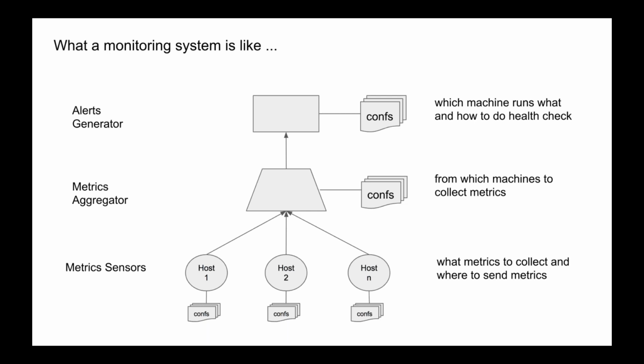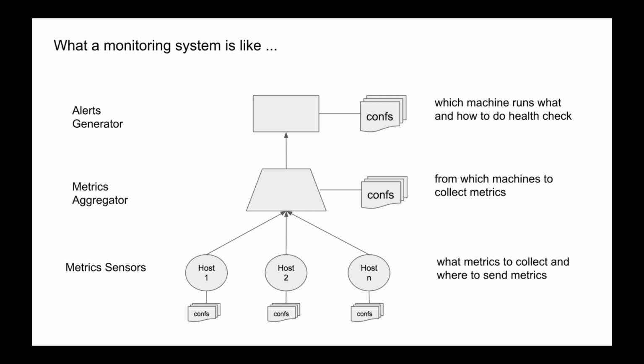And those metrics are aggregated at the metrics aggregator. And then at the top, there's an alert generator that periodically checks conditions in the metrics aggregator and generates alerts.